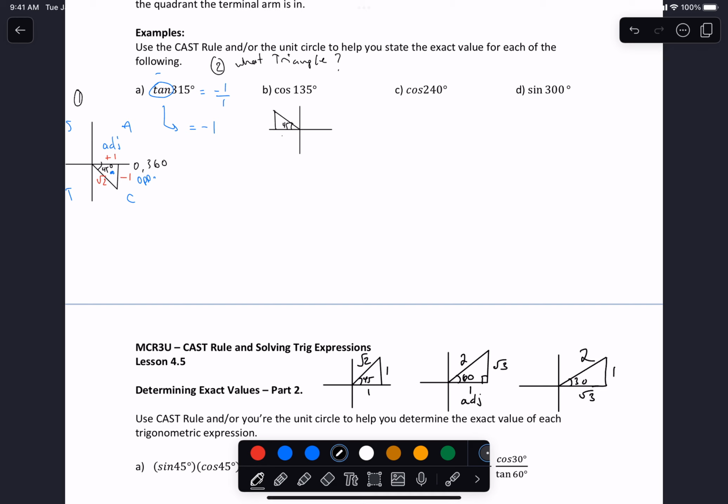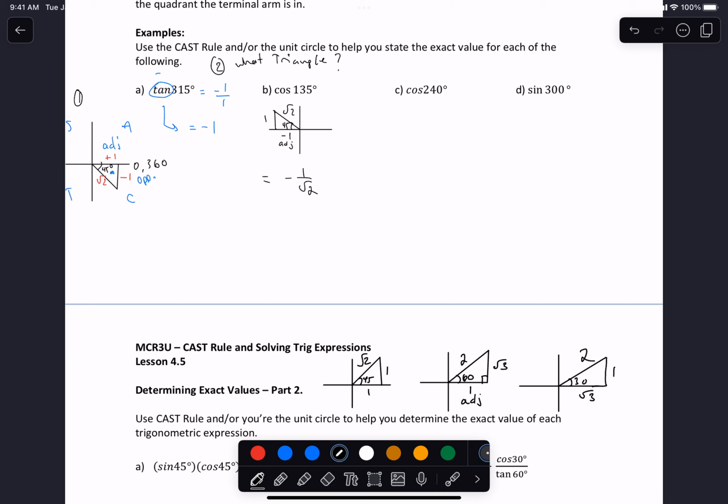I know I have to go in the negative x direction, and I know the side lengths are going to be negative 1, 1, and root 2. And so the cosine of 135 is going to be adjacent over hypotenuse. This is adjacent. This is obviously hypotenuse. And so adjacent over hypotenuse in this question is going to be negative 1 over root 2.